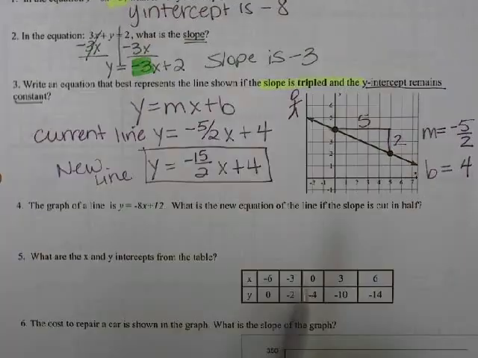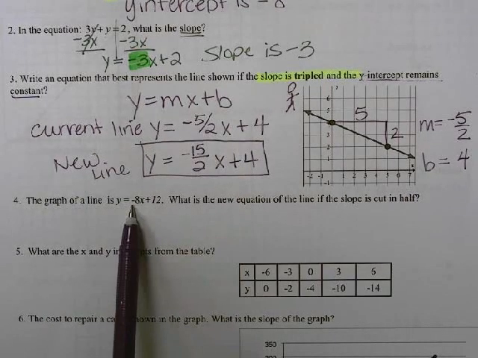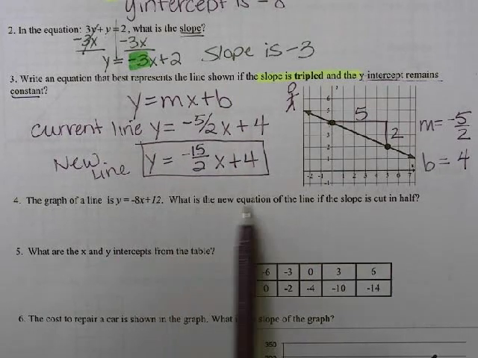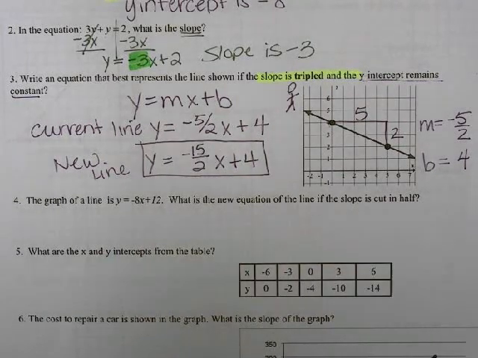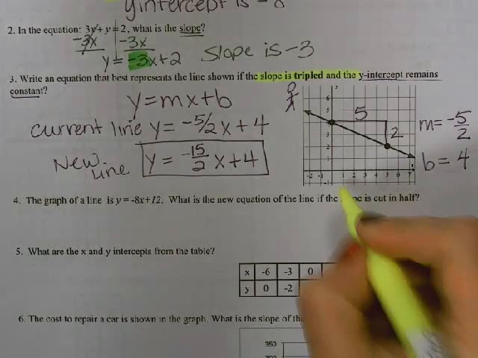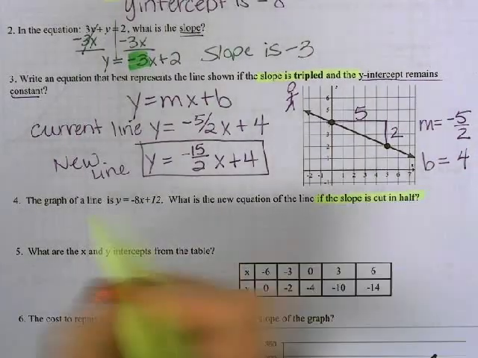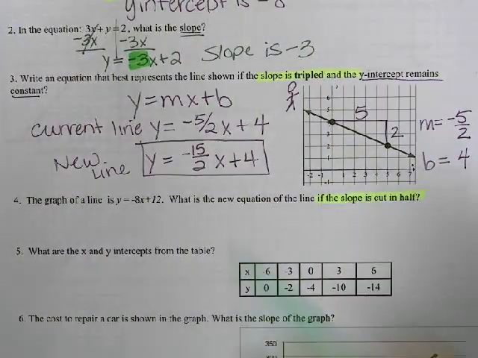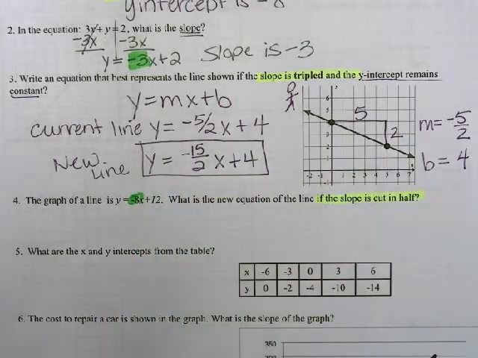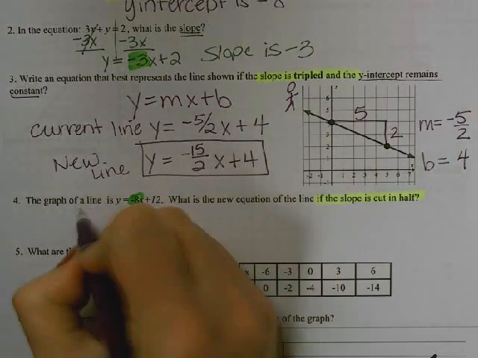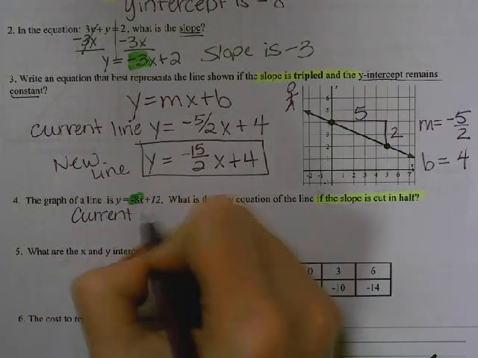Okay. Number 4. The graph of the line is y equals negative 8x plus 12. What is the new equation if the slope is cut in half? So we need to find the slope first. What is the slope of this equation? Negative 8. Okay. So the current slope is negative 8.